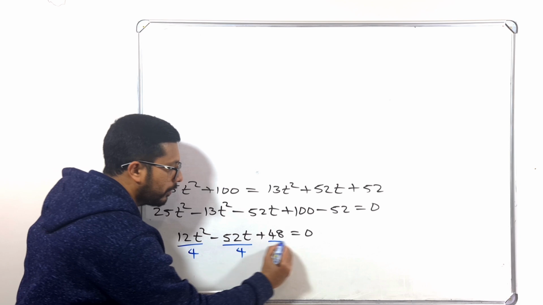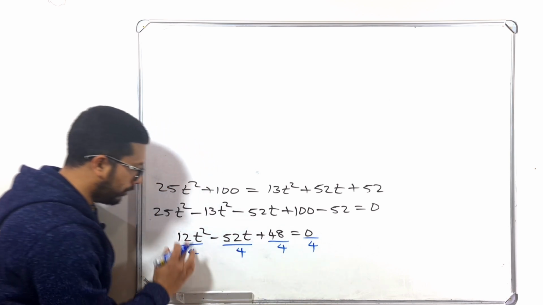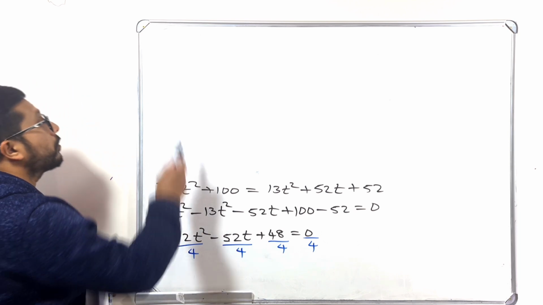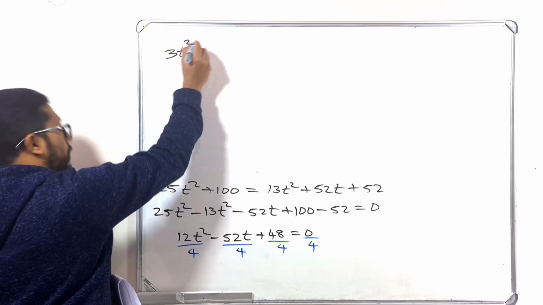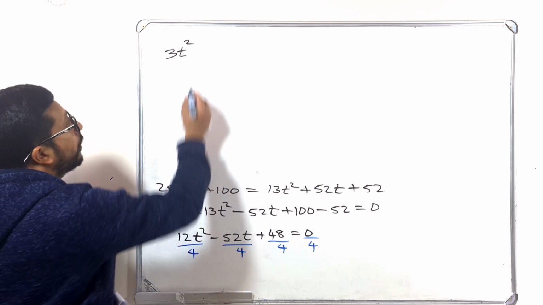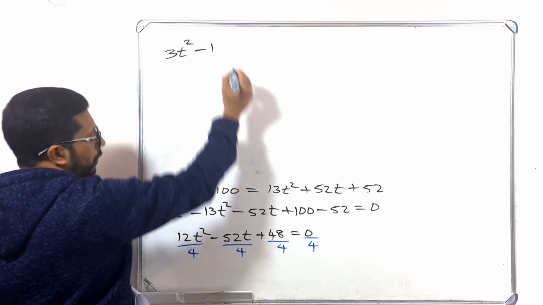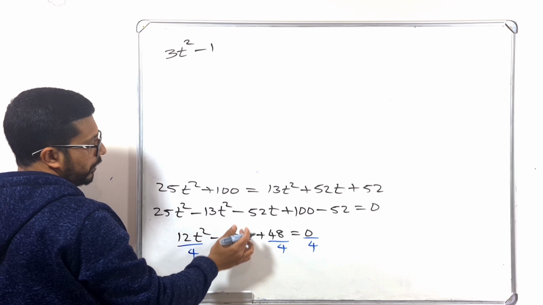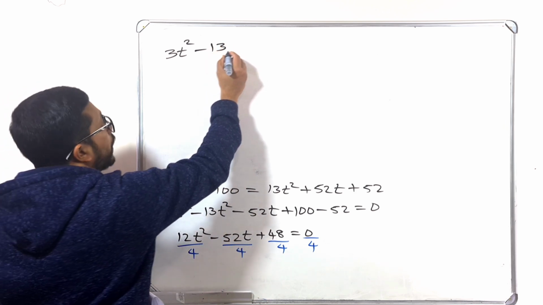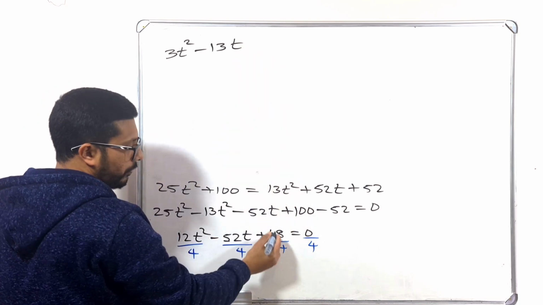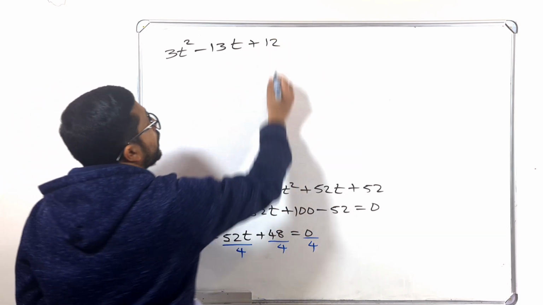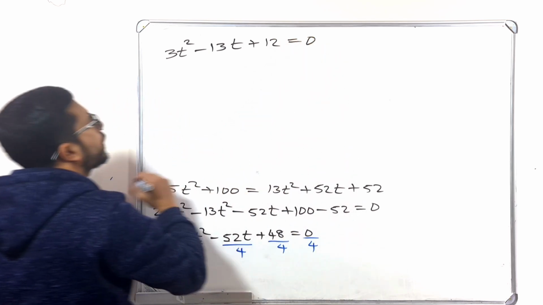What is going to happen? 12 divided by 4 is 3, so it is 3t square. 52 divided by 4, what is the answer? Minus 13t. 48 divided by 4 plus 12. 0 by 4 is 0.